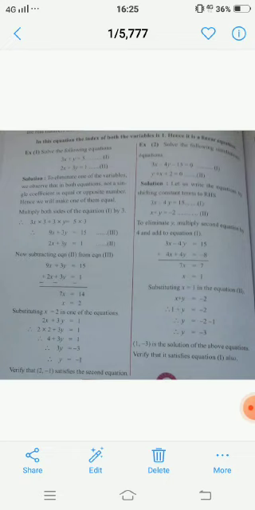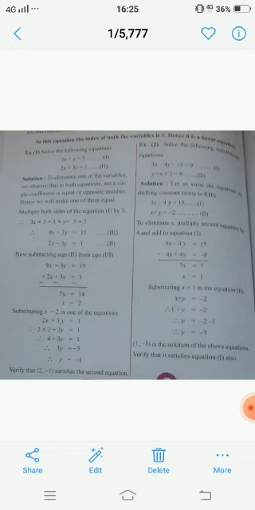Now see, in the elimination method, you have to eliminate any one variable. If you eliminate that variable, that means you have to make its coefficient 0 or make it the same. So one variable will be eliminated, and automatically you will find the value of the other variable by substituting in any one of the equations.